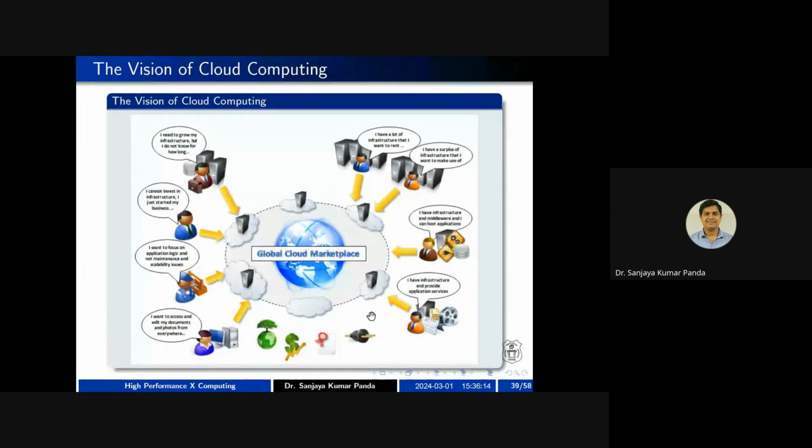I just started my business. I cannot pay because the initial budget of a startup company is very small. So they cannot afford infrastructure, right? On the provider end, the provider is saying, I have a surplus of infrastructure that I want to rent out or make use of. So they meet in a global cloud marketplace, they sign a service level agreement, and they can get the services.